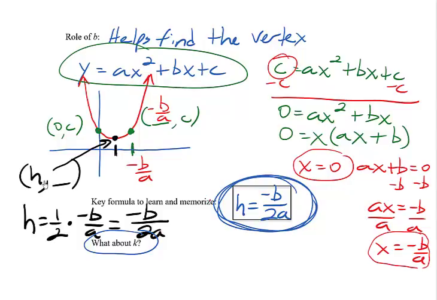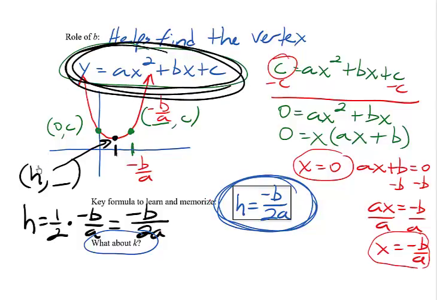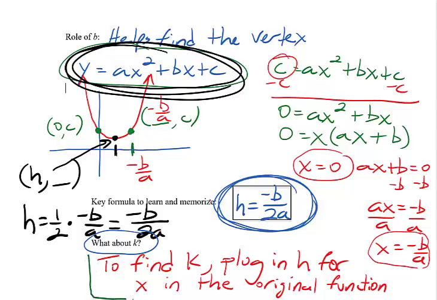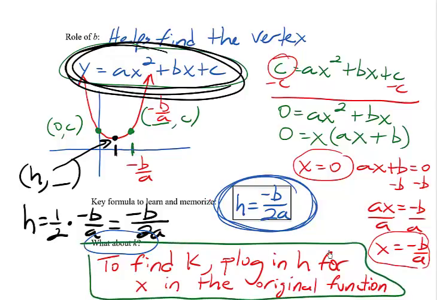Well, if you know the x-coordinate, all you have to do is go back up to your equation of the parabola and plug in that h value everywhere you see x, and the y value that goes with it is the k. So to summarize, in order to find k, you just take your h value and substitute it in for x in the original function.